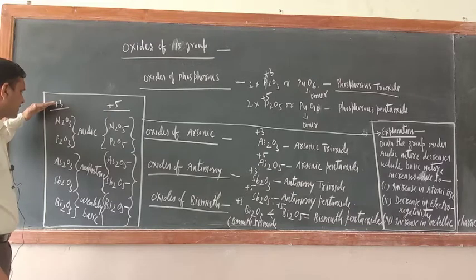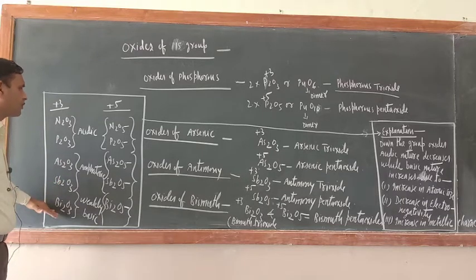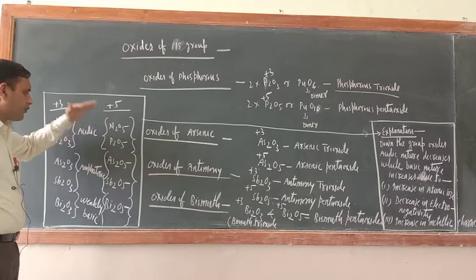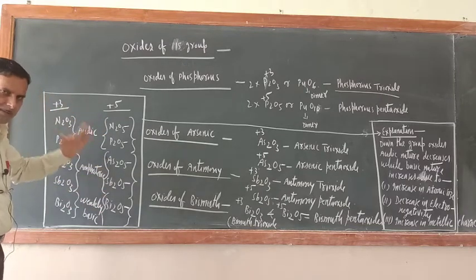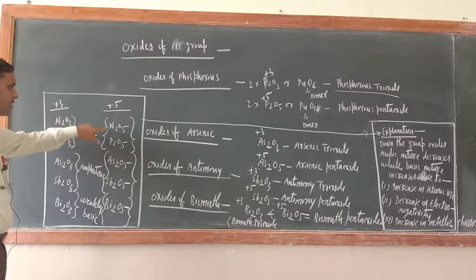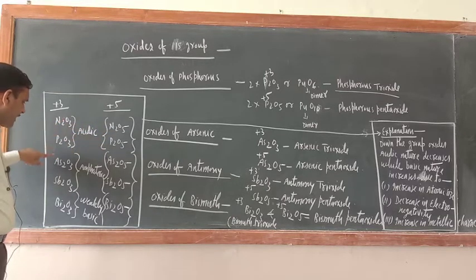In +3 oxidation state: N2O3, P2O3, As2O3, Sb2O3 and Bi2O3. In +5 oxidation state: N2O5, P2O5, As2O5, Sb2O5 and Bi2O5. Just see N2O3 and P2O3, this is acidic. Similarly N2O5, P2O5, they are acidic.